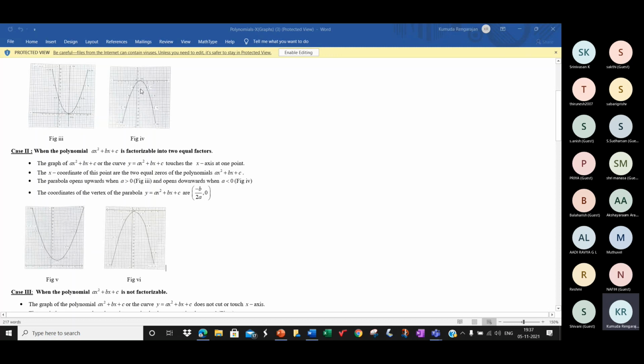So when the parabola simply touches the x-axis, don't worry about where it meets the y-axis. We are not concerned about that. We are only concerned about where the parabola touches or intersects the x-axis. Here it touches the x-axis at exactly 1 point, which indicates that the quadratic polynomial has only 1 zero or 2 equal zeros, or 2 equal linear factors.